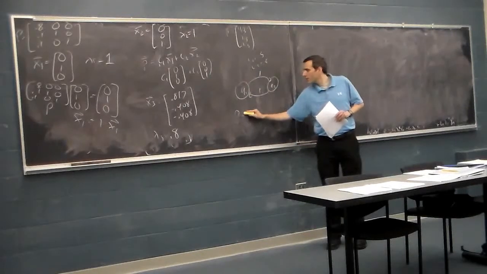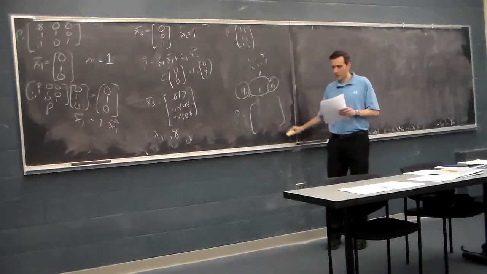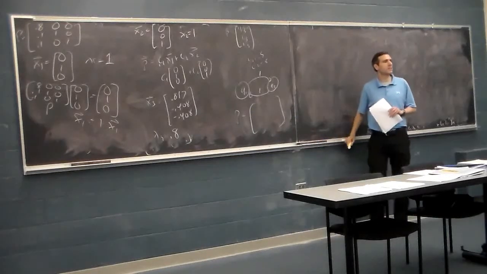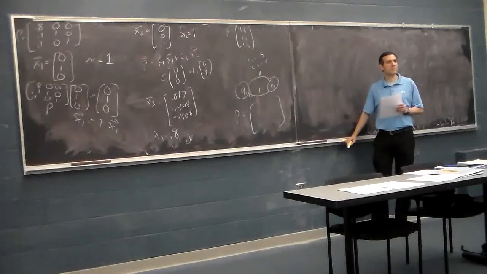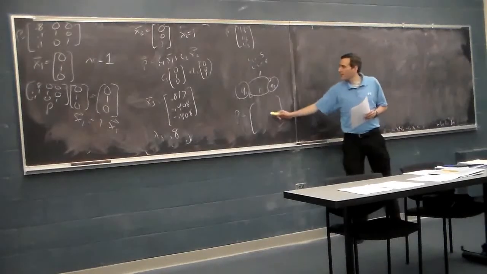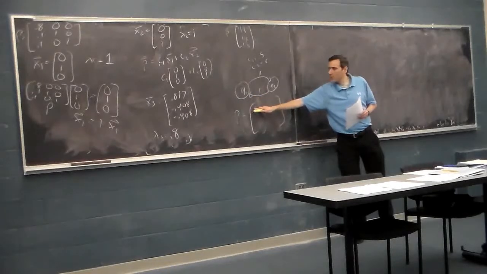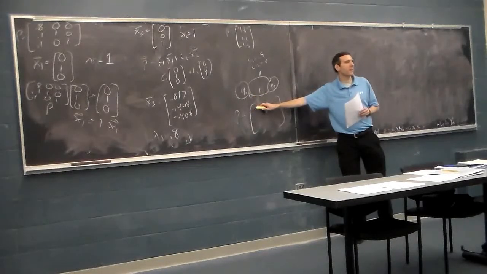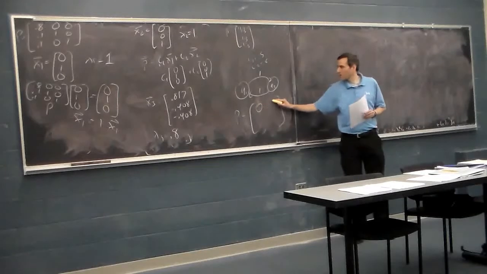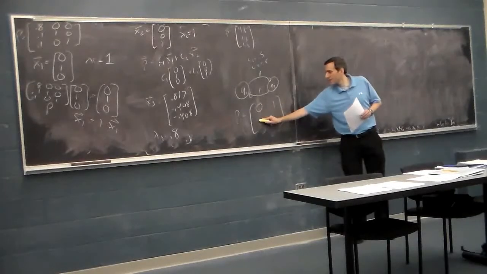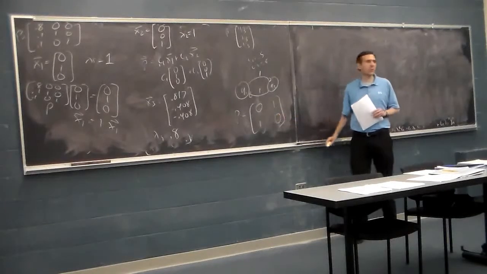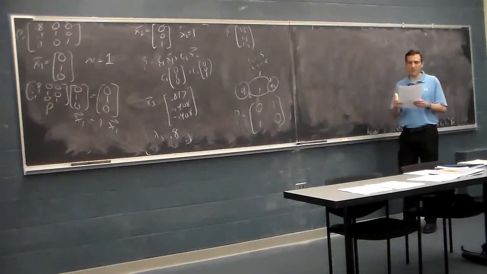So what would the transition matrix P look like? So we would have P sub 1,1 in the upper left. So what's that? 0. 0 and 1, 0. Yeah, that's 1 and that's 0. So that is our matrix.